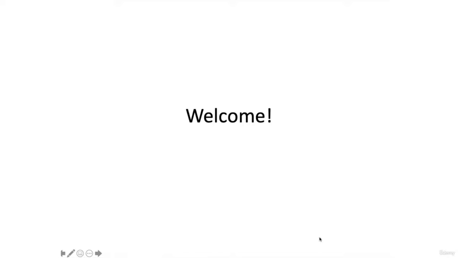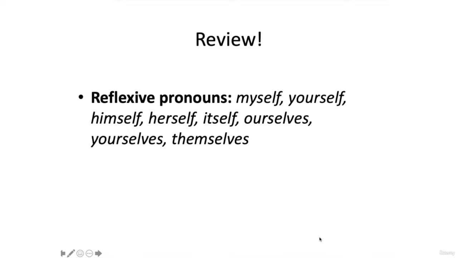Today's lesson will focus on adjectives, but first, let's review last week's content. In our last video, we studied the following pronouns. The reflexive pronouns myself, yourself, himself, herself, itself, ourselves, yourselves, themselves.